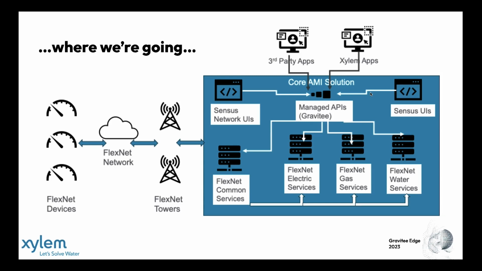There are APIs at every level, but they aren't managed. That's where Gravitee is coming into play. We have customers, internal and external, who would like to tap into the data at points along that pipeline. We started discussing this particular need with Gravitee in 2021 and discovered that their roadmap and ours were well aligned.